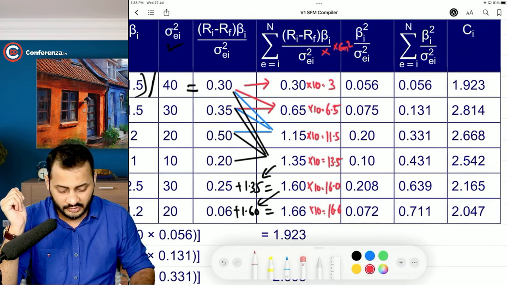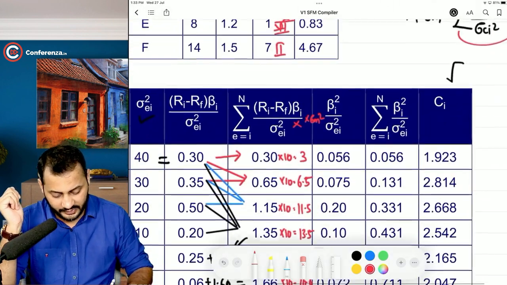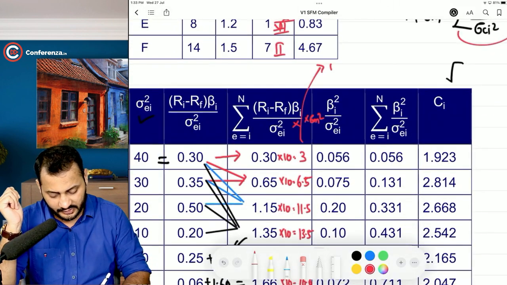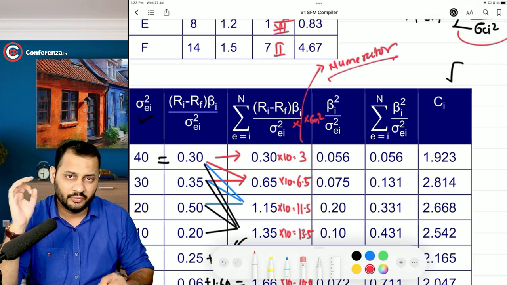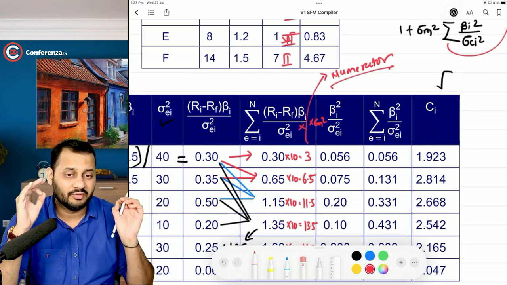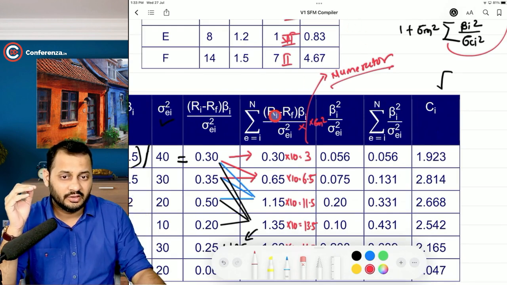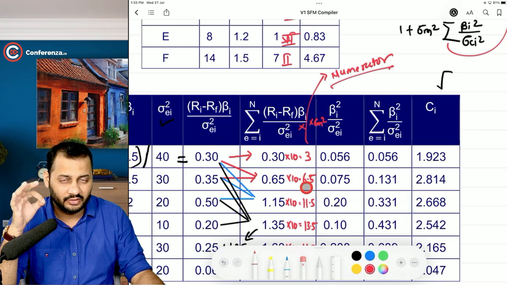Got it? Now we have completed the numerator part. So this is going to be the numerator. If you are doing the calculation, make sure you add one more column after this one, which is of the numerator, and write down all these values.